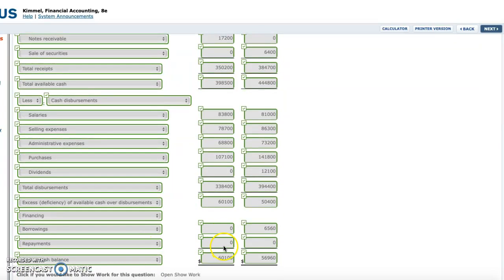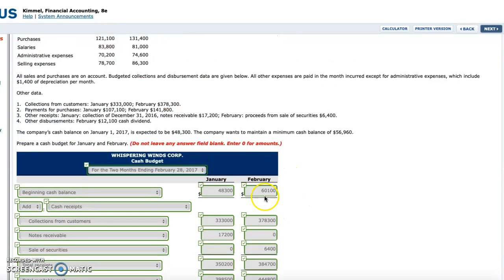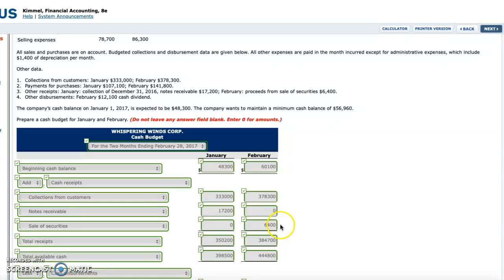Going to fill in the rest of these areas. No borrowings this month, no repayments this month, and you're going to get an ending cash balance of this amount here. We're going to apply it to the February beginning cash balance, and you're going to do the same exact thing for February.